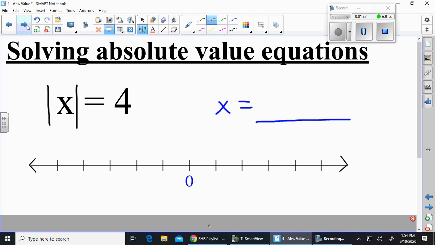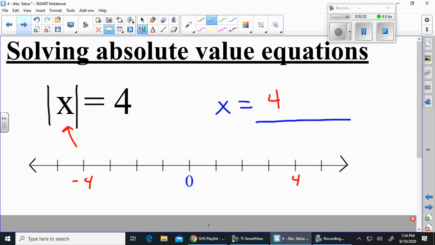Well, I'm looking for a number that's 4 spots from 0. Well, 4 is 4 spots from 0. Negative 4 is also 4 spots from 0. So if I think, well, what can this thing inside here be?